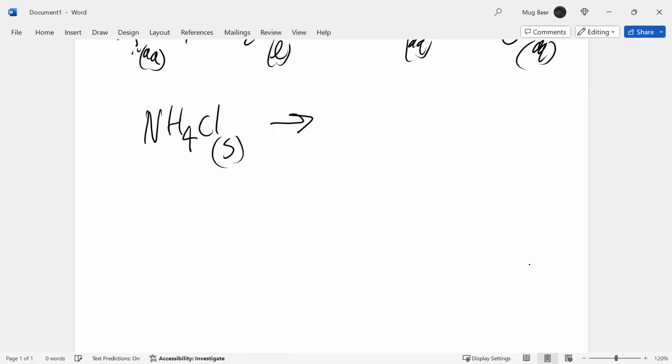This touches water, and what does it do? This is ammonium chloride. Ammonium compounds are highly soluble, and chlorides are soluble. So it separates.